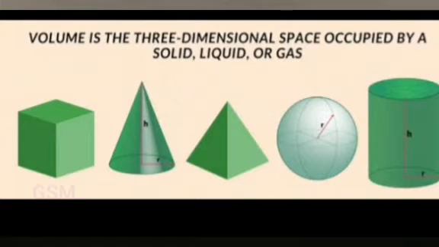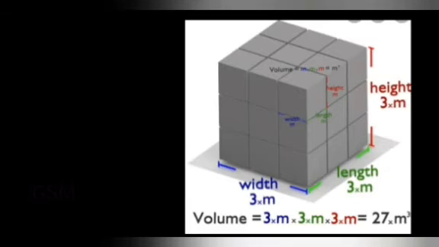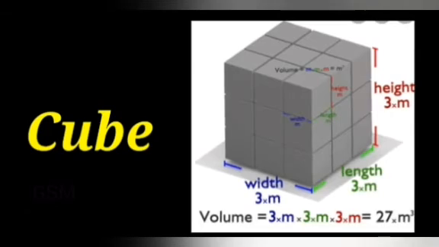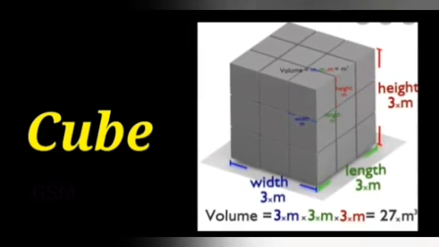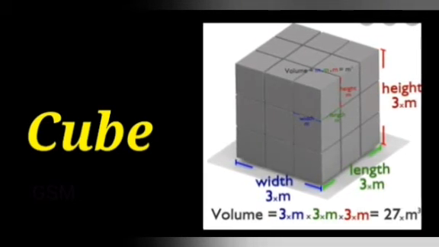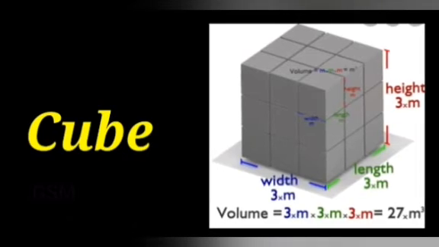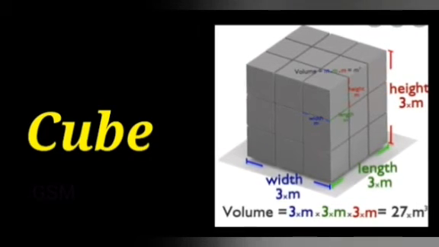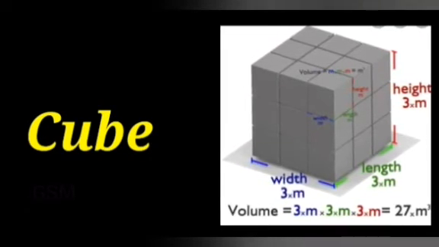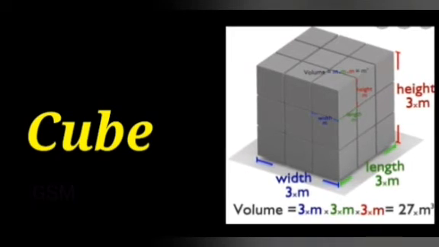Now you are going to learn about the volume of solids and the volume of liquids. Here I show some solid shapes. For a cube, how do we calculate the volume? W into L into H, that is the 3 sides.